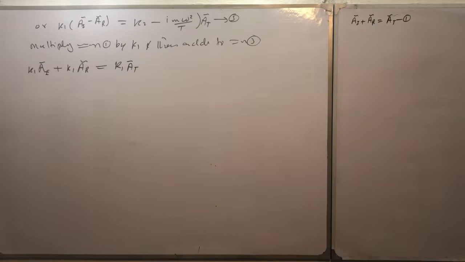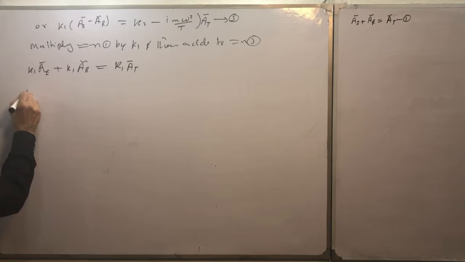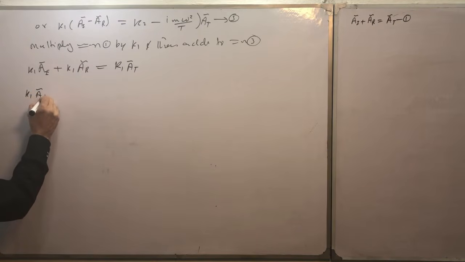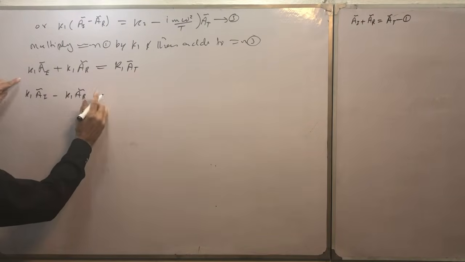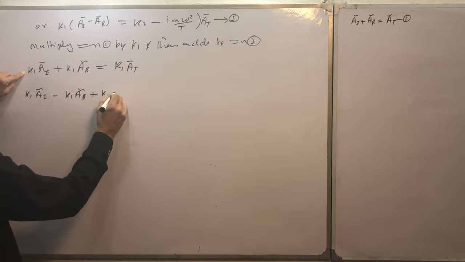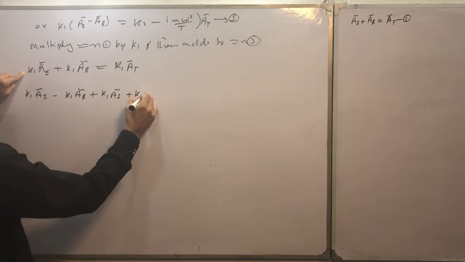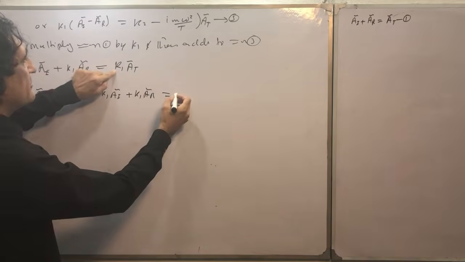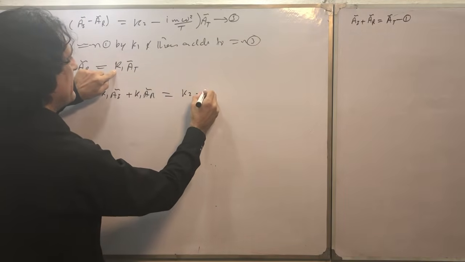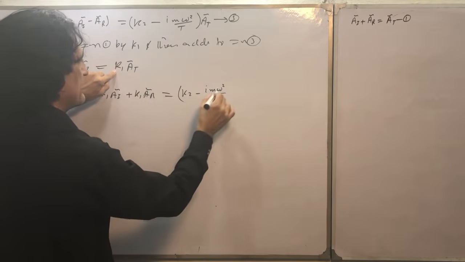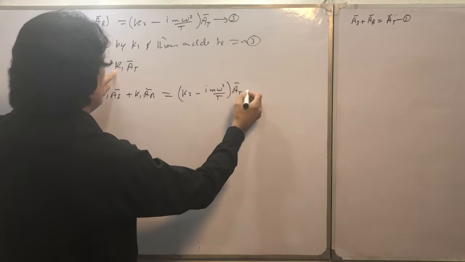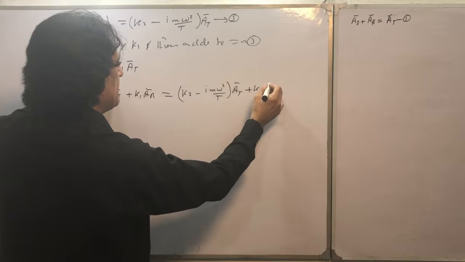This is the multiplication by K1, and now we want to add equation number 3: K1 AI minus K1 AR, equal to K2 minus iota m omega square divided by T, times AT, plus K1 AT.